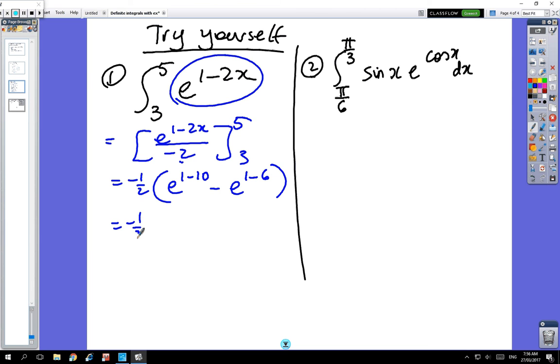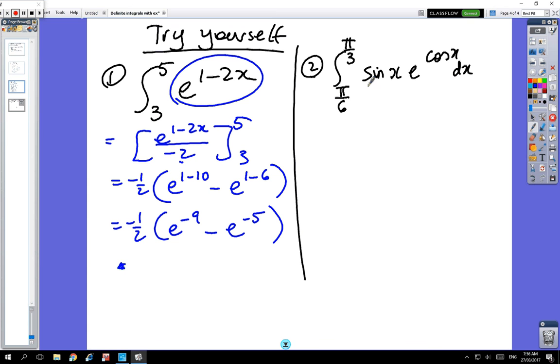So minus a half, e to the minus 9 minus e to the minus 5. And again, you could factorize it, but let's just leave it like that. There are no units, don't forget. You don't put units squared.